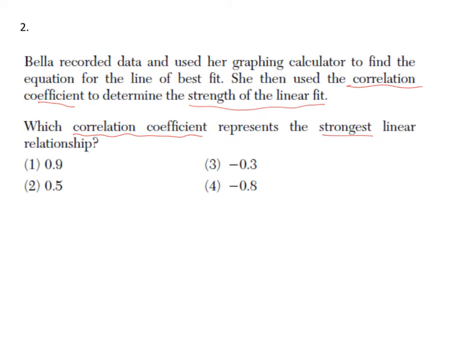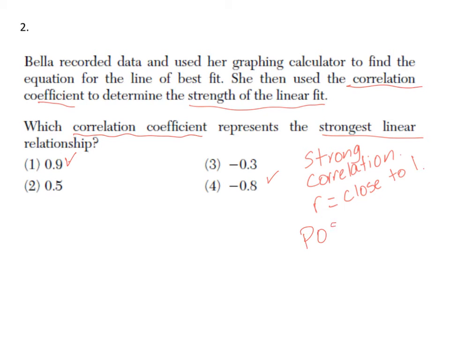So for strong correlation, we want R, all of these values that we have are R, to be close to the digit 1. So which two numbers are very close to 1? There's this and there's this. And we need positive. So positive, strong correlation. Which one is positive and close to 1? 0.9. So answer choice 1.